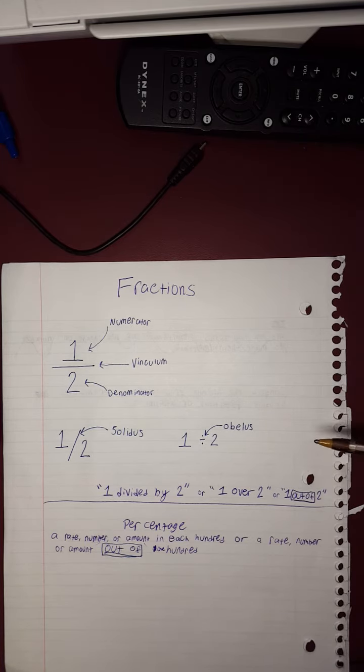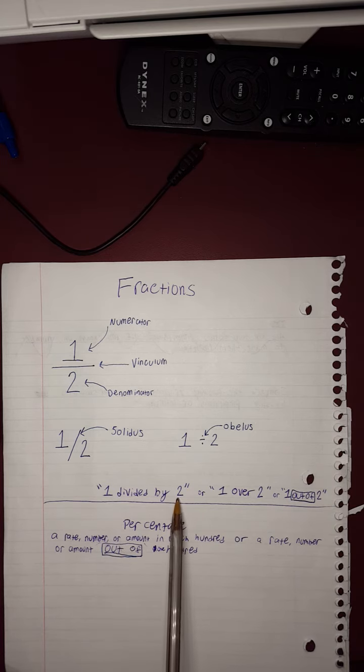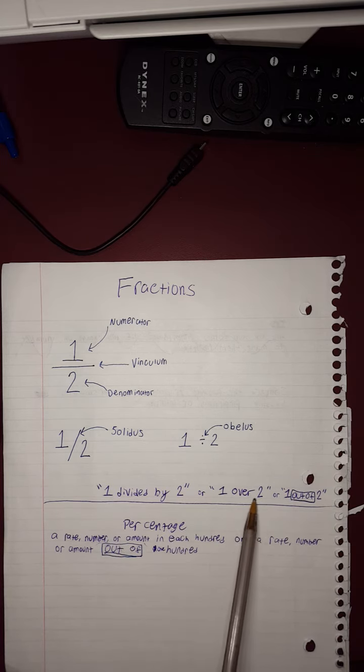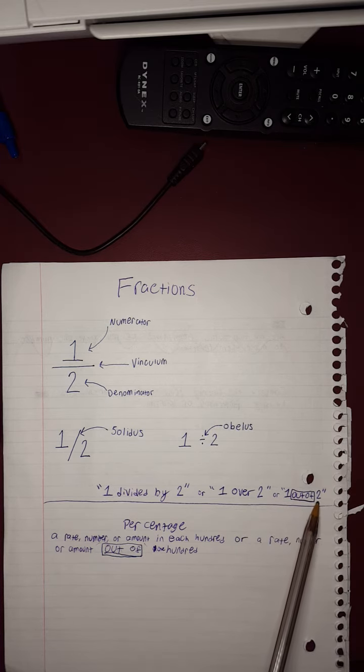So these are the various ways that fractions can be written out. And it's important to note that the way these are read can also vary. So you can have 1 divided by 2, or 1 over 2, or 1 out of 2.